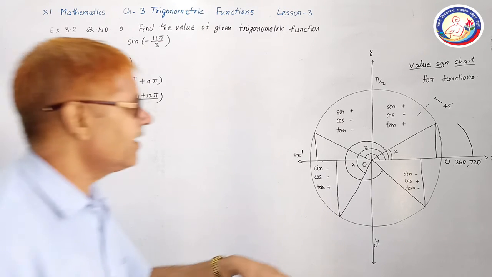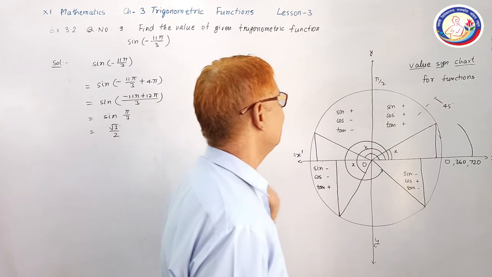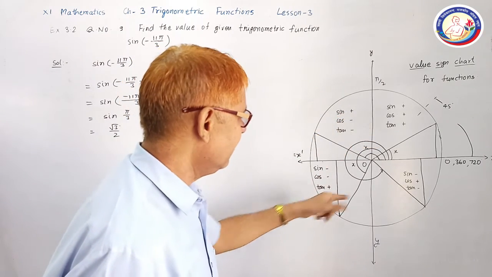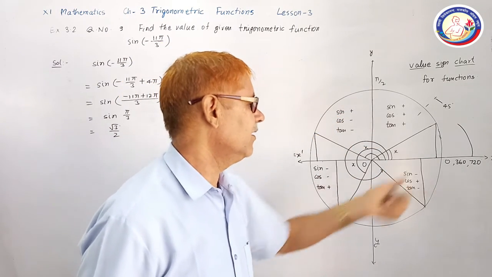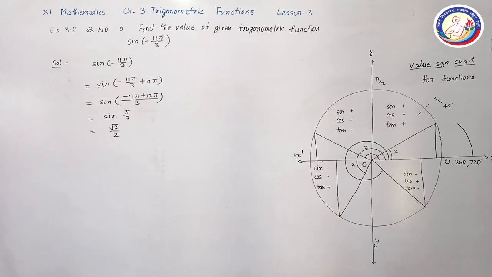If it is in first quadrant, nothing to do. If it is in second quadrant, then decide the value of the given function according to the signs. In third and fourth, you can use the knowledge of the signs of trigonometrical functions in the related quadrant.